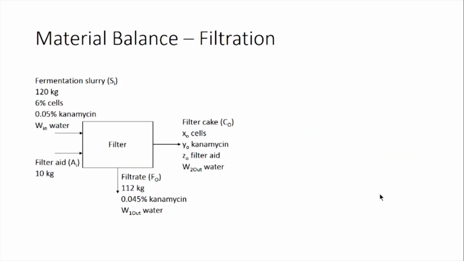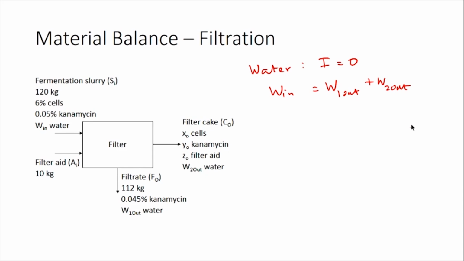Now, the next balance equation we can write would be the water balance. Again input equals output. Input is through water which is coming in through the slurry. So, we would call that Wn is equal to W1 out plus W2 out. Water is entering the system through the fermentation slurry.